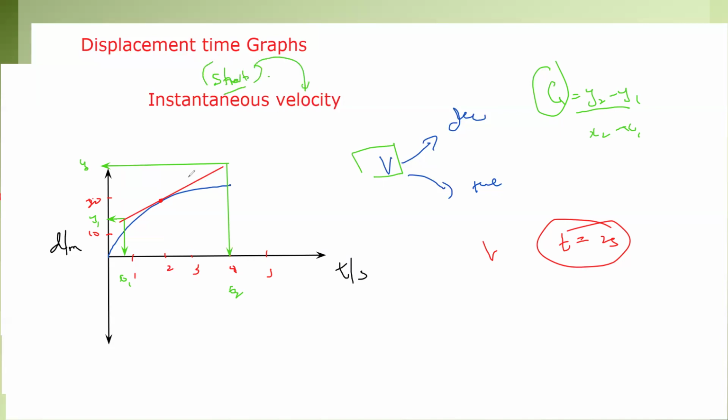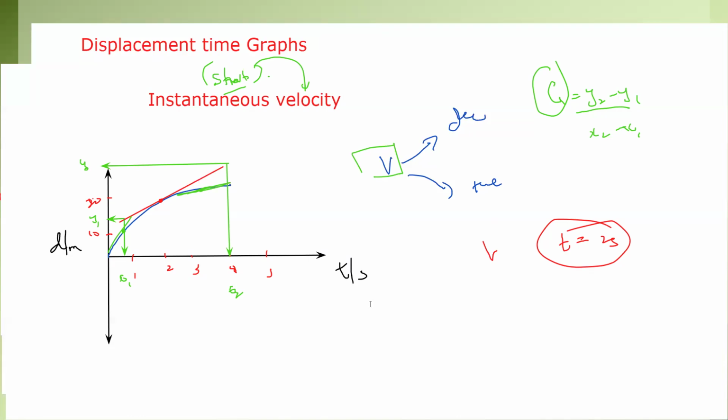Because the velocity is continuously changing, velocity at this point will be different compared to velocity at that point. So we just work out the velocity at a particular moment of time. That's why we call it instantaneous. So after drawing a tangent, find the gradient of that line, and that will be the instantaneous velocity.